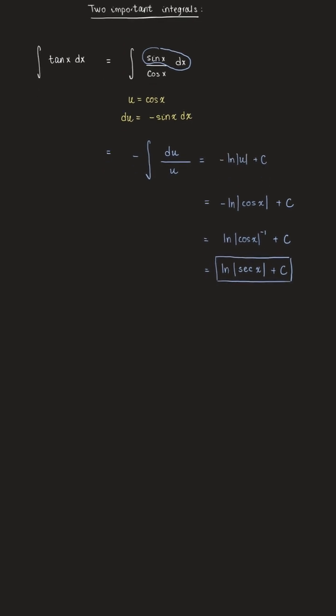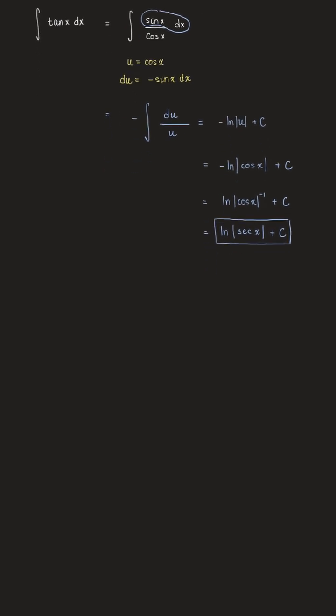The second integral that we're going to derive is the integral of secant. So let's take a look at this one. This one's a little bit different. It will also involve a substitution, but we have to do kind of a funny multiplication first.